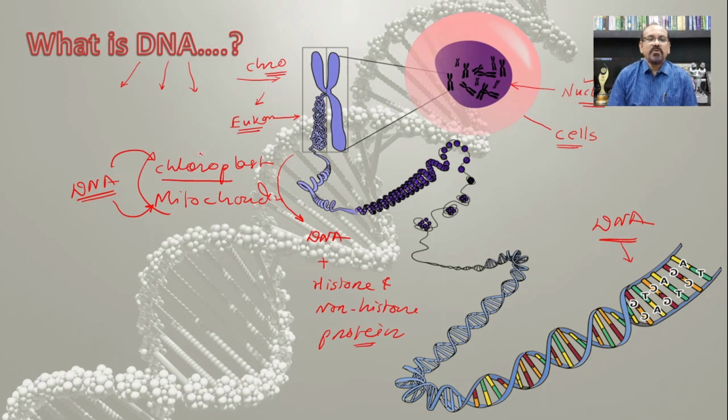The DNA of the chloroplast and the mitochondria is just similar to that of the DNA of the prokaryotes. There is only a minor difference between the eukaryotic and the prokaryotic DNA. Otherwise, the complete structure is the same.